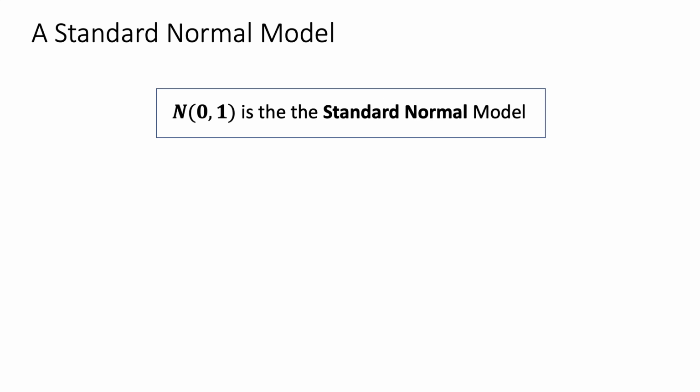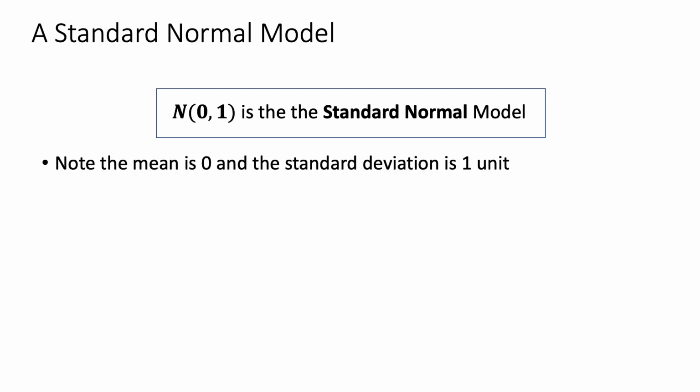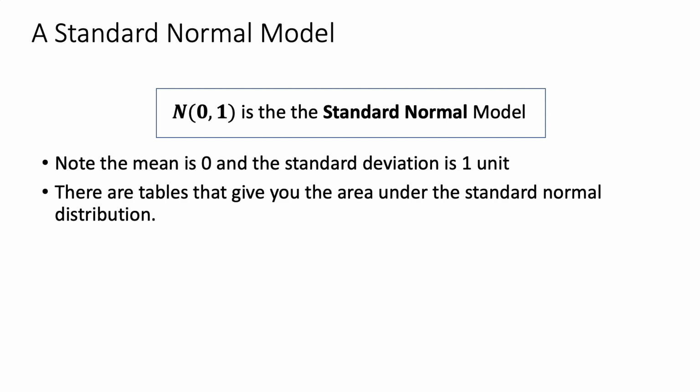So what do we mean when we say the standard normal model? Well, that's the normal distribution with a mean of 0 and a standard deviation of 1. Like I said, there are tables that are going to give you the area under the standard normal distribution.